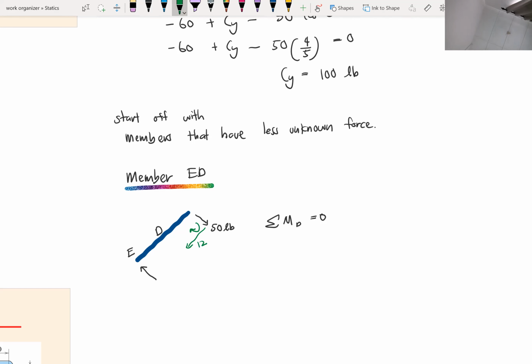This is left hand, so negative. From here towards here, 12 also, left hand also, so negative. So we write negative 50 times 12 minus E times 12 equal to 0. So E equals negative 50. So E is 50, but in different direction, which is in this way.